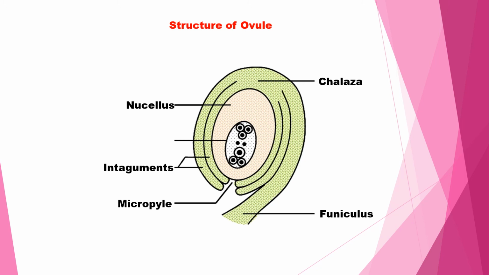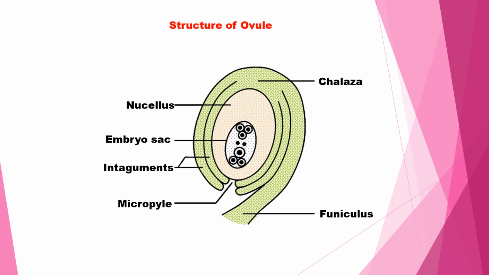The embryo sac is present inside the nucellus. Inside the embryo sac, 8 nuclei are present. Three cells are at the micropylar end, that is near the micropyle.